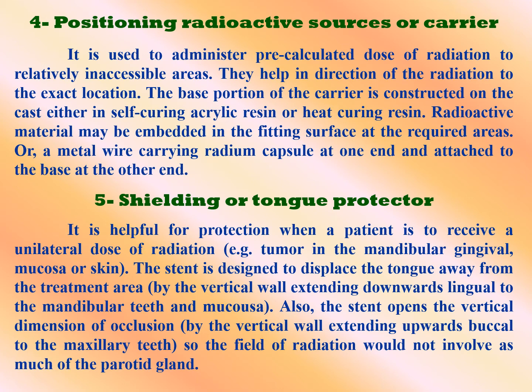The stent is designed to displace the tongue away from the treatment area by the vertical wall extending downward lingual to the mandibular teeth and the mucosa. Also, the stent opens the vertical dimension of occlusion by vertical wall extending upward buccally to the maxillary teeth. So the field of radiation would not involve as much of the parotid gland.